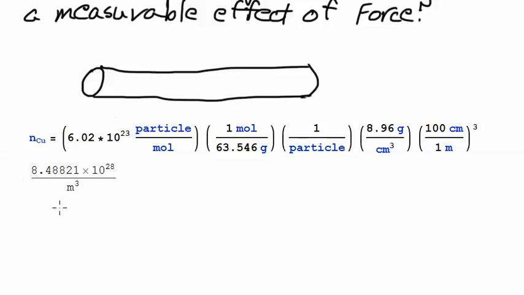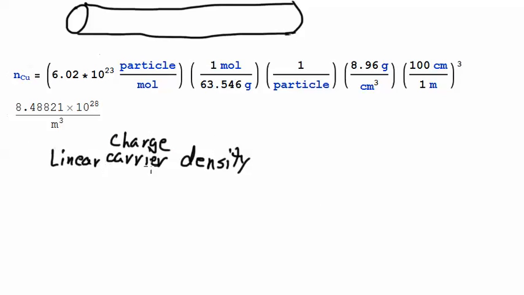Even a small difference between the observed densities of the material might create a significant electric field. But what I'm wanting here is the linear charge carrier density. This is the volume charge carrier density.